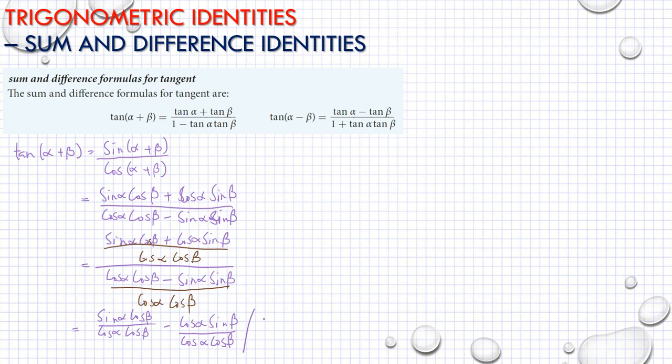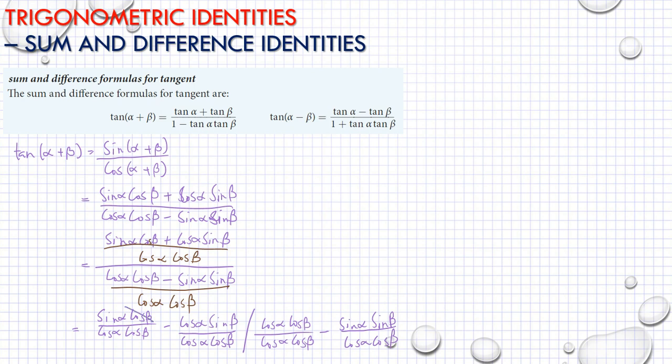And for the denominator we have cosine alpha cosine beta divided by cosine alpha cosine beta subtracted by sine alpha sine beta divided by cosine alpha cosine beta.